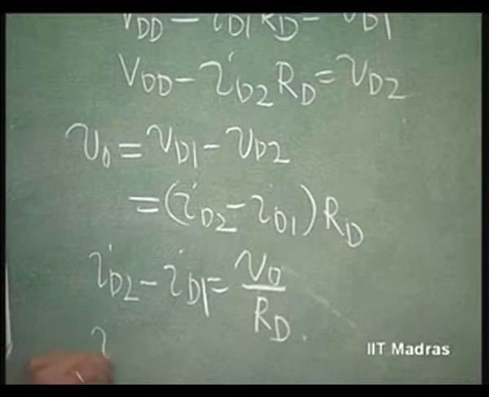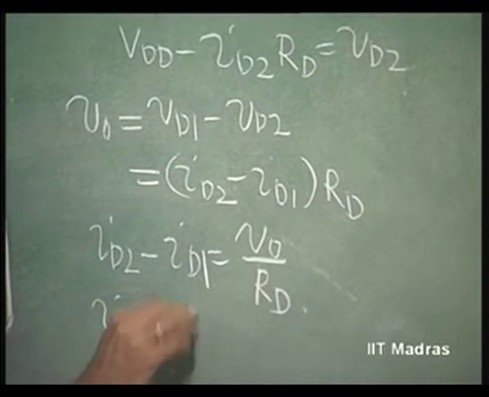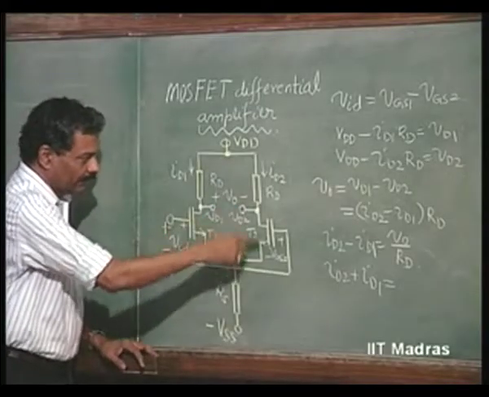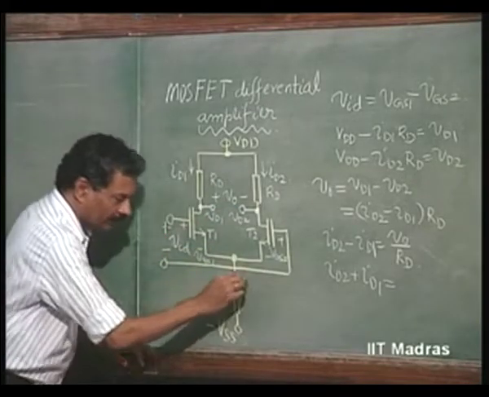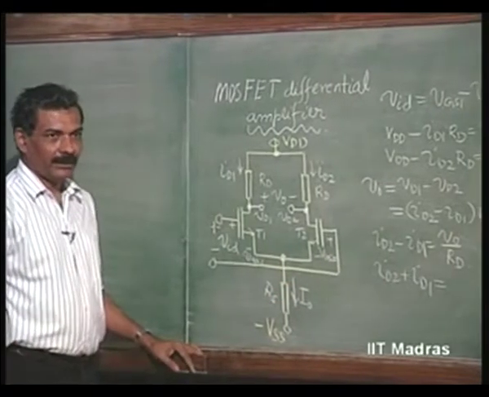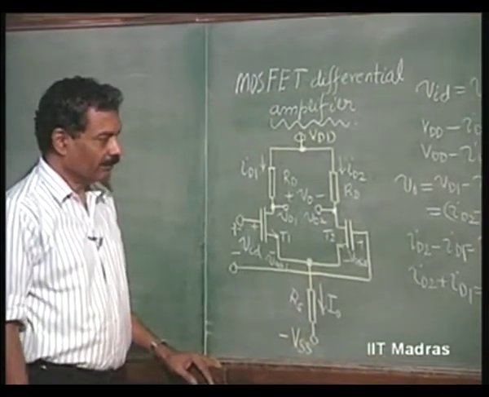And what is ID2 plus ID1? Look at it, ID2 plus ID1 is equal to, we will call this again on similar lines as the BJT differential amplifier, as I naught.